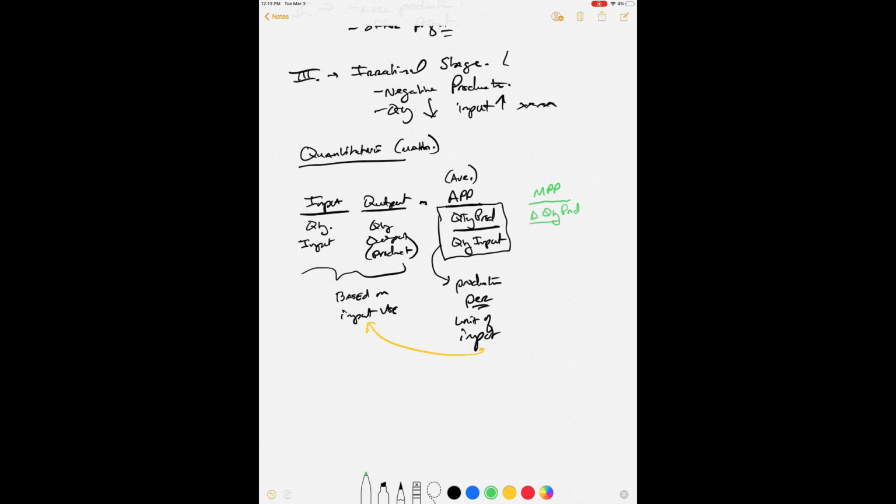So marginal is the same formula basically, but it's the change in the quantity we produce. So it's not at a level, it's between levels. It's the change in the quantity we produce divided by the change in the input that we use to make that production. It gives us another view. Now this view is nothing more than the change in production per, same thing, the change in 1 unit of the input.